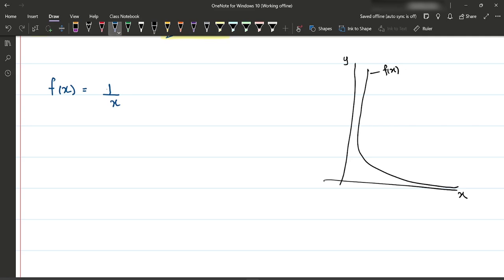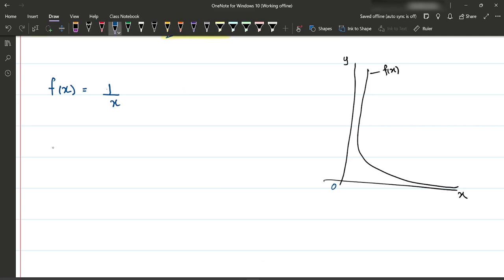Okay, so there is one very important rule in maths, which is you cannot divide by 0. If you see in this graph, x is never 0, because if it is 0, then we would have 1 over 0, and we can't have that.